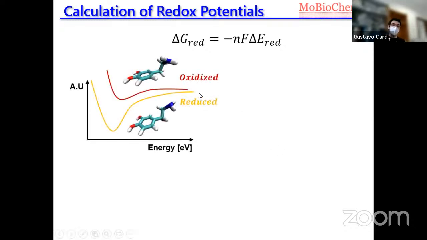Since we have two species, one oxidized and one reduced, of course, what we know as the potential energy as a function, sorry, these labels are wrong. This should be the energy and this should be a geometric coordinate. But what I mean here is that these two are different species and as such will have different so-called potential energy surfaces.